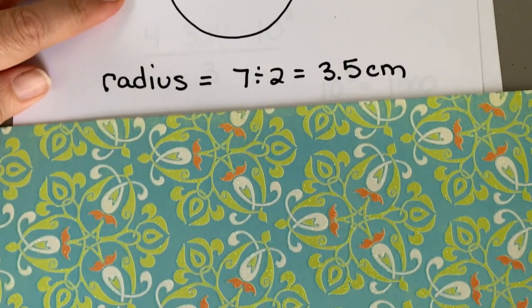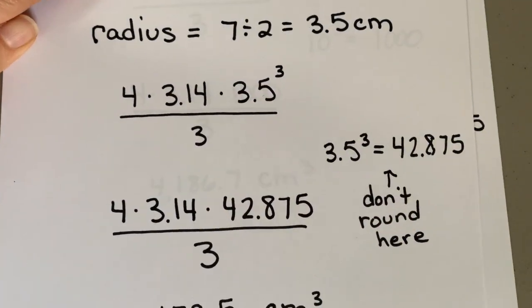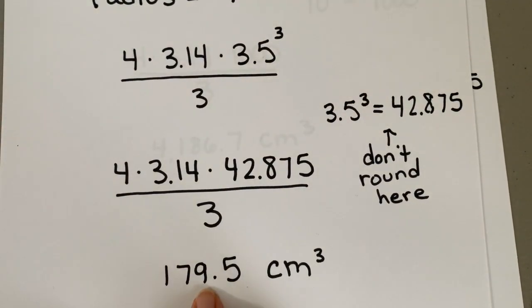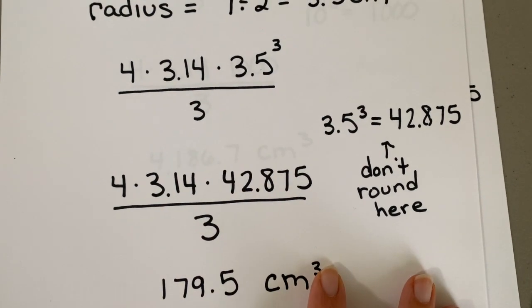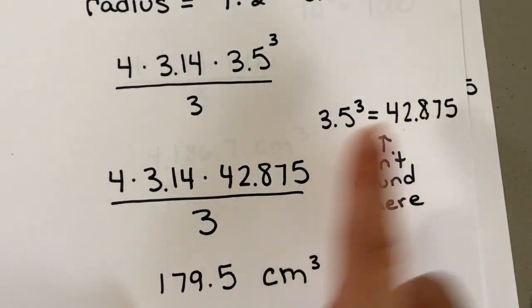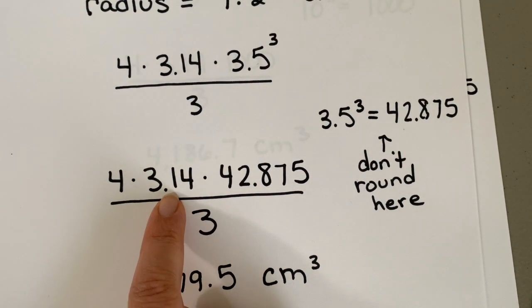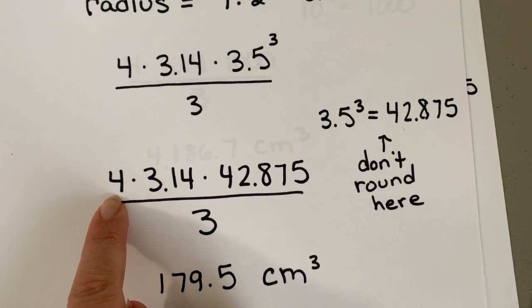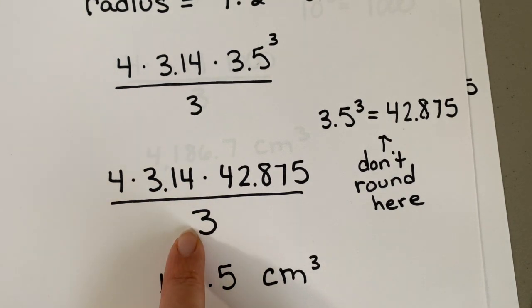And your final answer for this would have been 179.5 centimeters cubed. Again, remember that here you don't want to round, just leave that in your calculator and then do this times 3.14 times 4 and then hit enter, divide by 3.